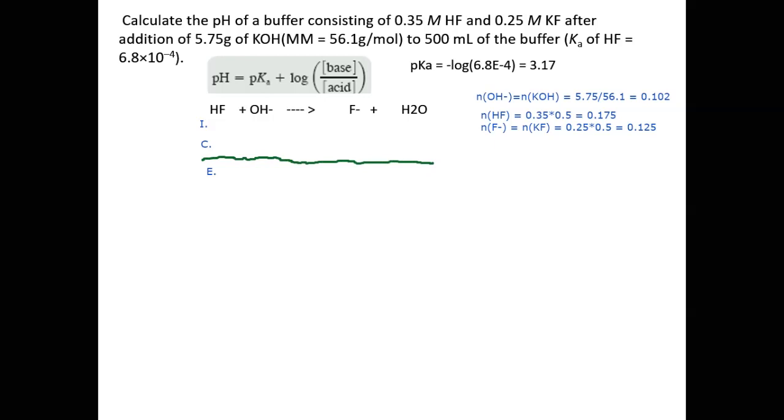There we go. So initially we have 0.175 moles of weak acid, 0.102 moles of strong base, and 0.125 moles of weak base.